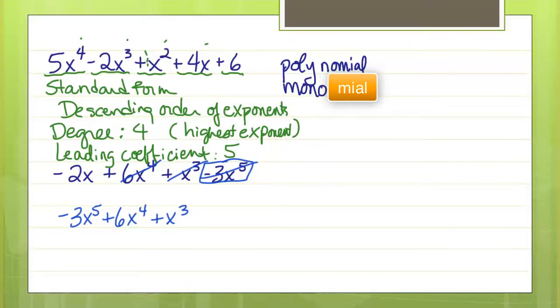Be real careful with the signs because that negative travels with the 2x. So it's missing the x squared term. It doesn't have a constant. That's okay. So now this is in standard form. The degree is 5 and the leading coefficient is negative 3.